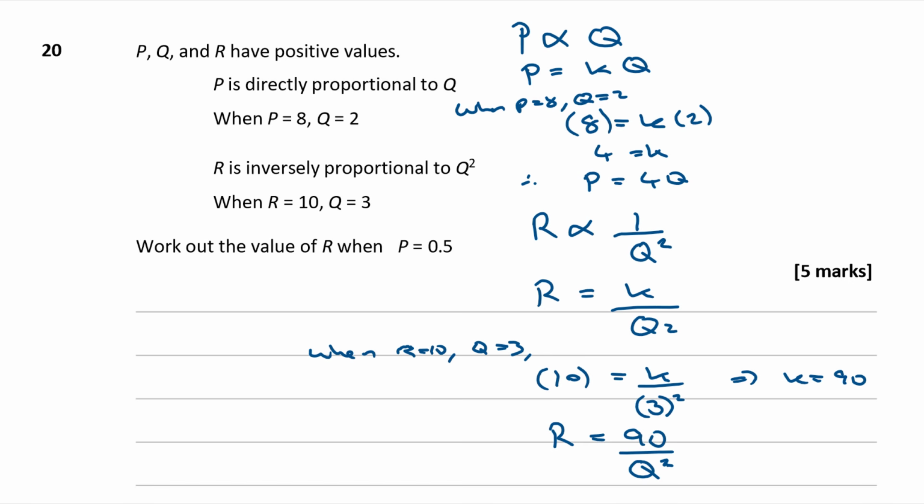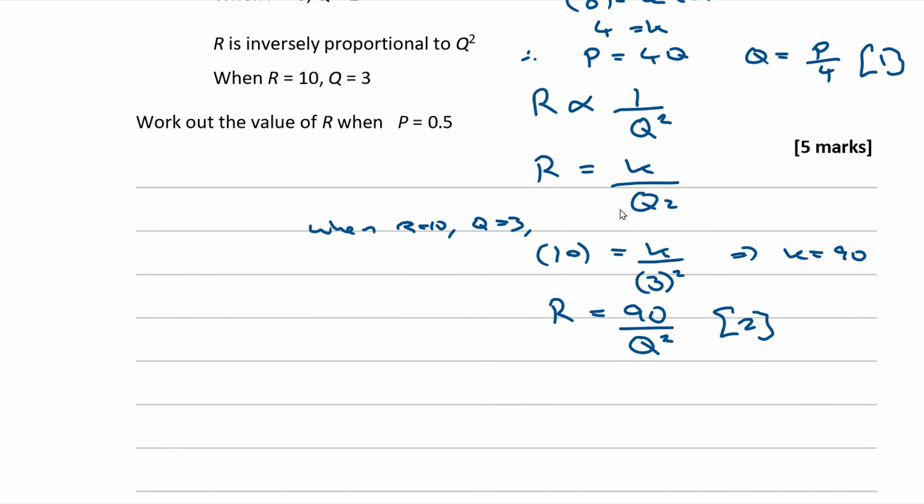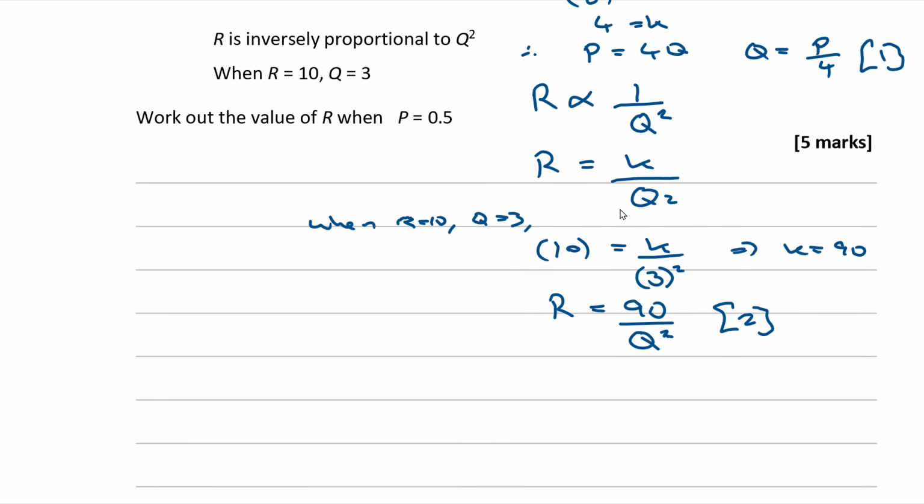So from this one up here, if P equals 4Q, then Q is going to be P over 4, isn't it? So I can call that equation 1, and this is going to be equation 2, and I'm going to sub equation 1 into equation 2 to find a different equation in R and P, hopefully.